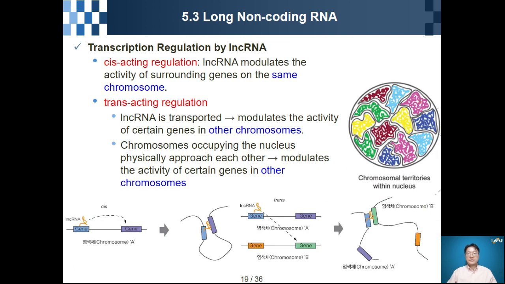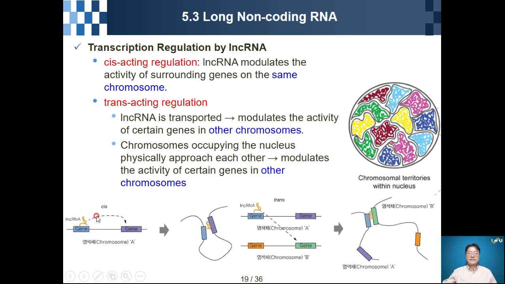Okay, so in this slide, I will explain the transcriptional regulation by long non-coding RNAs. There are two mechanisms. One mechanism is cis-acting regulation. The other one is trans-acting regulation.